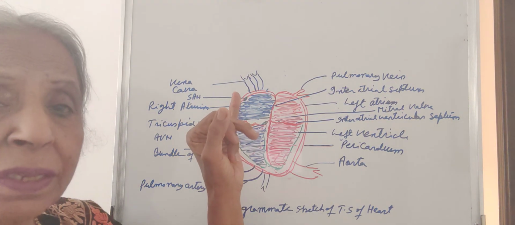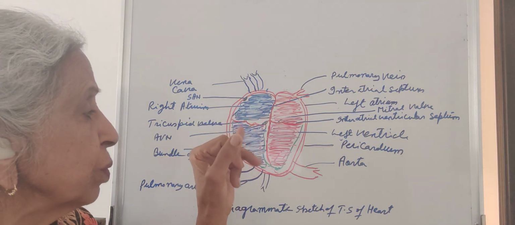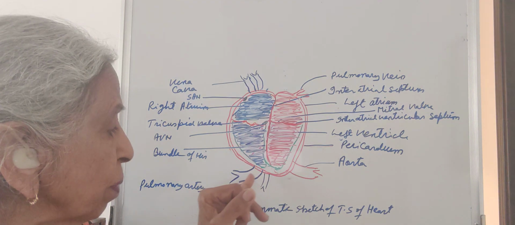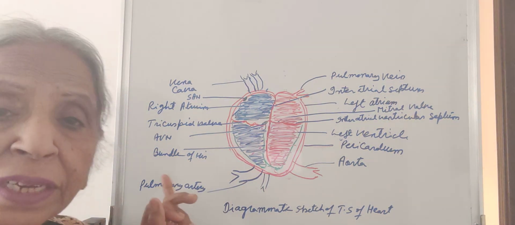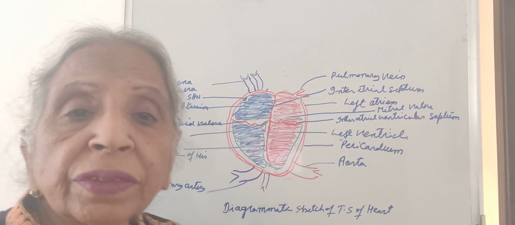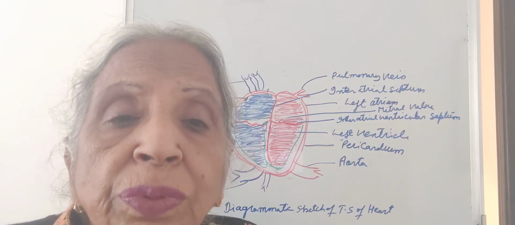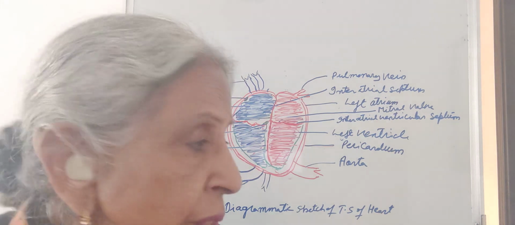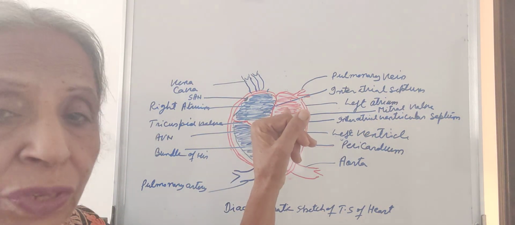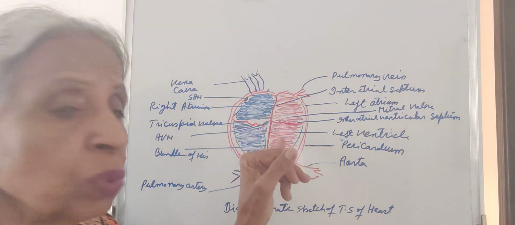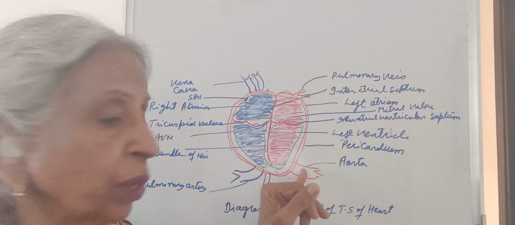Blood from the right auricle, then to the right ventricle, passes to the pulmonary artery, and these arteries carry impure blood to the lungs for oxygenation. And similarly, blood from the left atrium to the left ventricle is passed to the aorta.